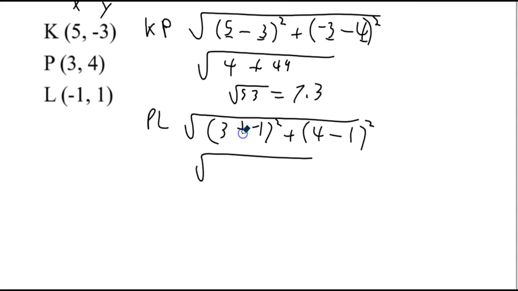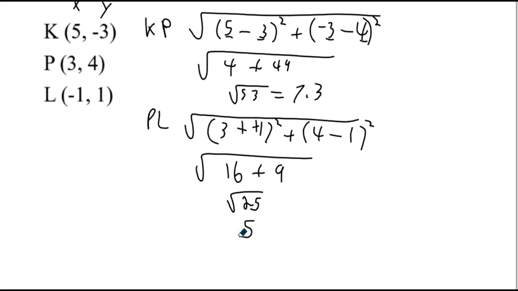So remember here, that's going to become plus 1. So 3 plus 1 is 4. 4 squared is 16. 4 minus 1 is 3. 3 squared is 9. That is 25, or simply just 5. So that's PL right there. PL is 5.